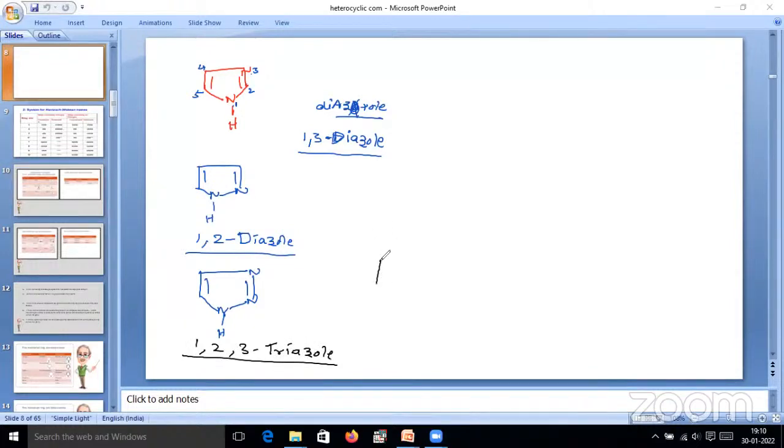Okay, suppose the molecule is like this. Here sulfur is there.